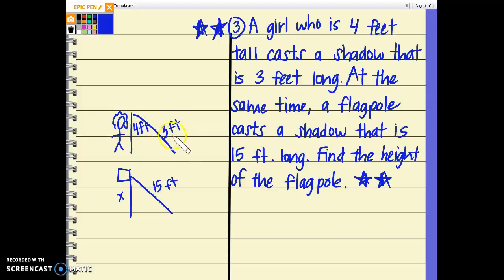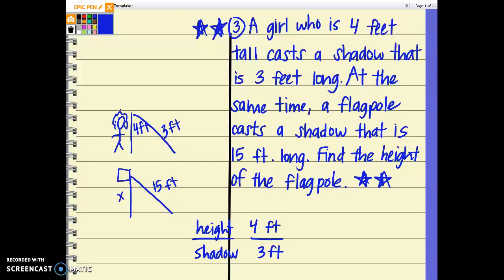So our scale would be 4 feet and 3 feet. A lot of the times I like to label this like height over shadow. So the girl's height was 4 feet, her shadow was 3 feet.